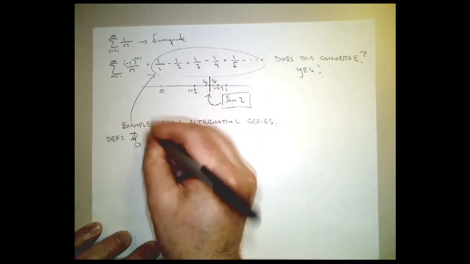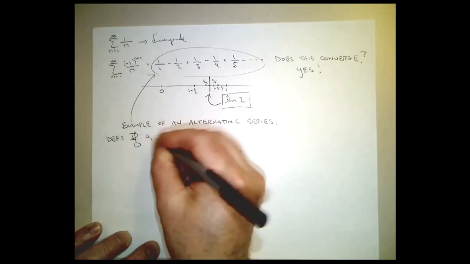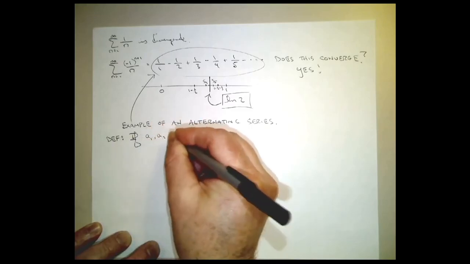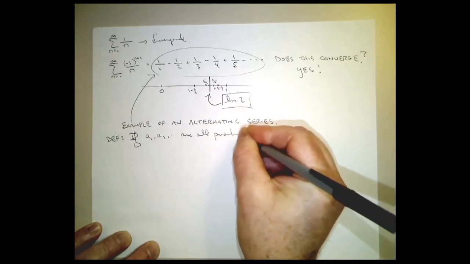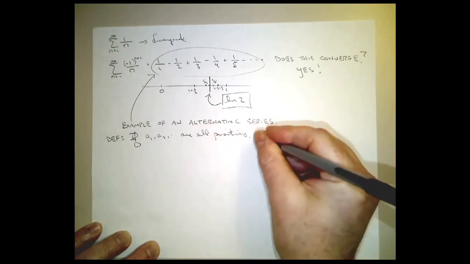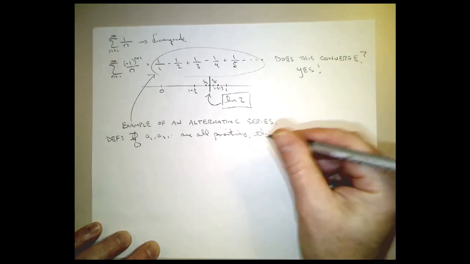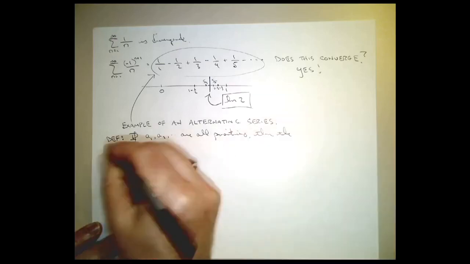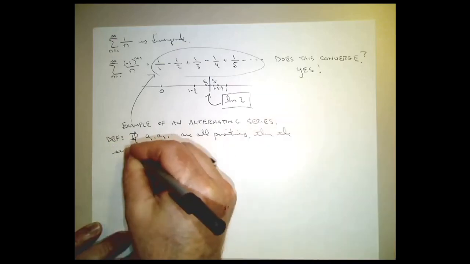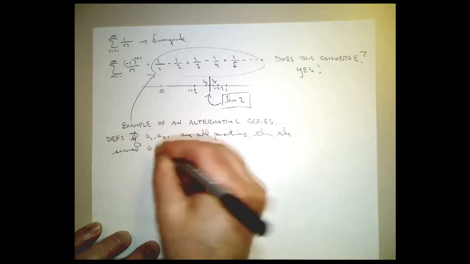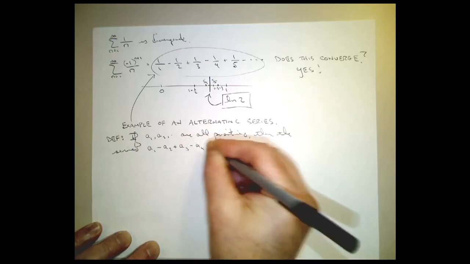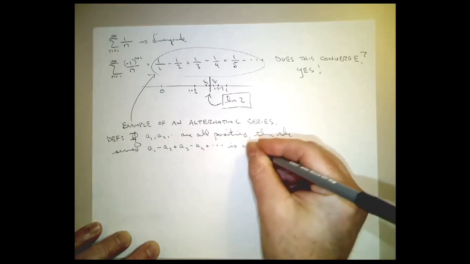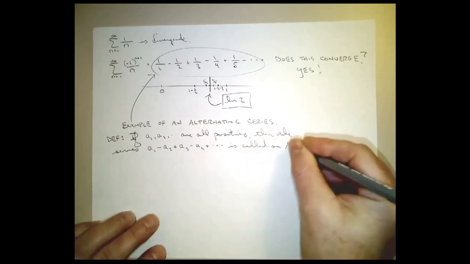If A1, A2, and so on are all positive, then the series A1 minus A2 plus A3 minus A4 and so on is called an alternating series.